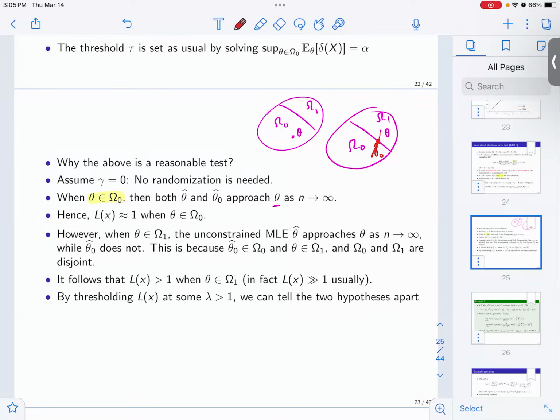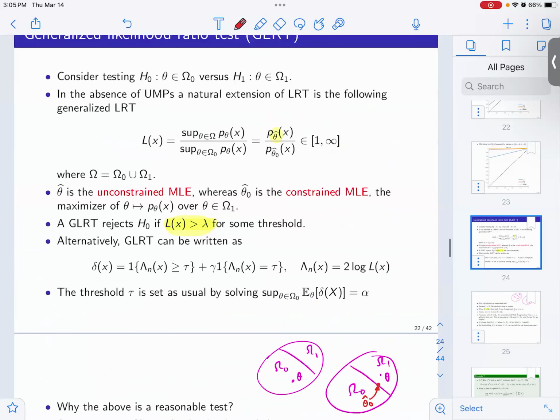So this is going to converge to a projection of theta on the boundary. But in any case, it's going to be different from the actual theta. So theta hat naught tries to approach theta but can't really get to it. But theta hat is going to easily approach theta. So you get two very different solutions here. So this is going to be much different than this, and so the value would be much higher.